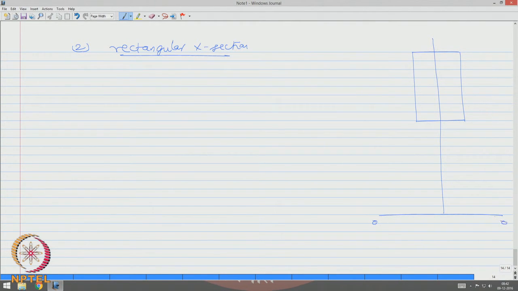So, this is my O axis or plane. The breadth of the cross section is B. The centroidal axis is at a distance r.